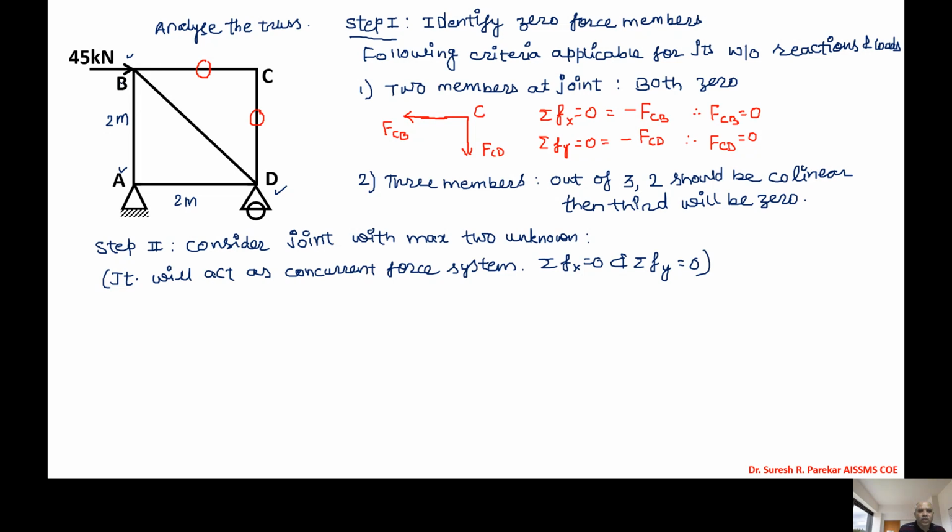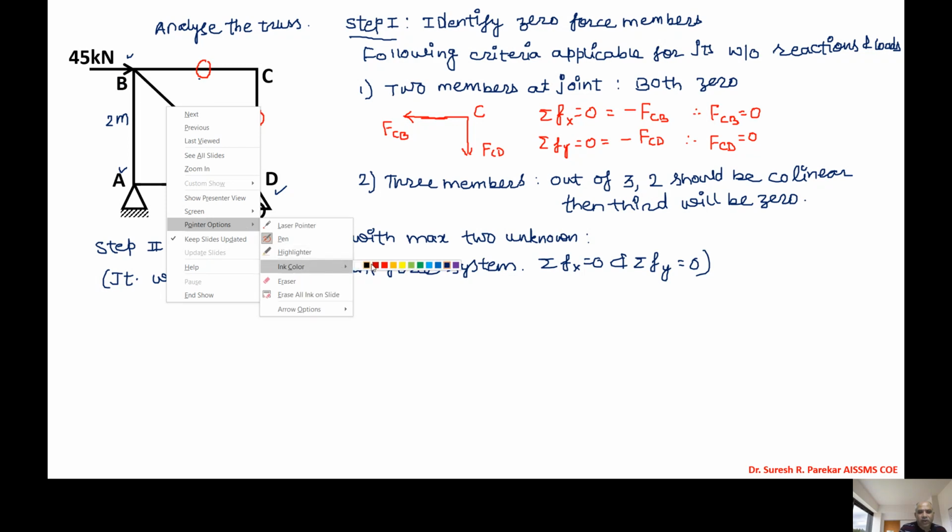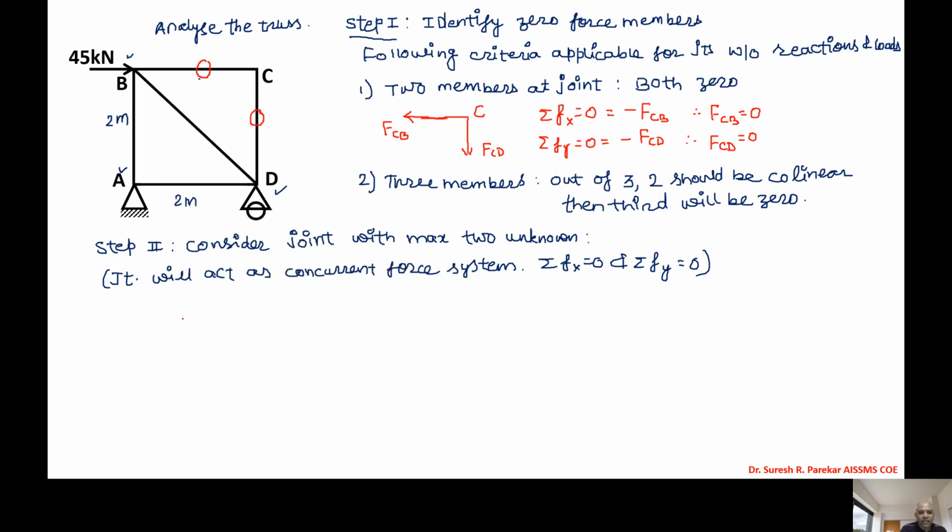If we go to joint B, we have BC as 0, so the unknowns are BA and BD. If we consider this joint separately and try to solve it, we have these two members, and this load is 45 kilonewtons. Both angles are 45 degrees.